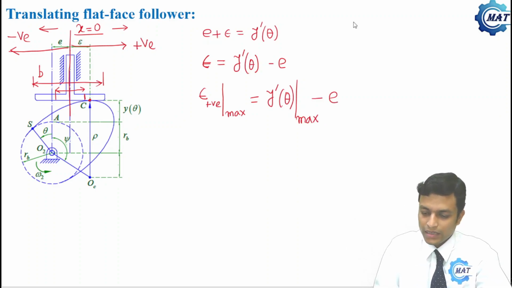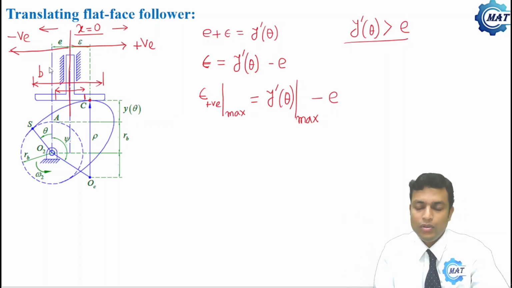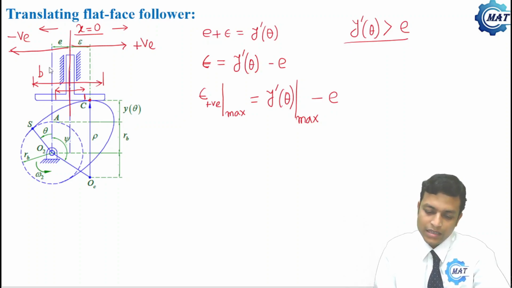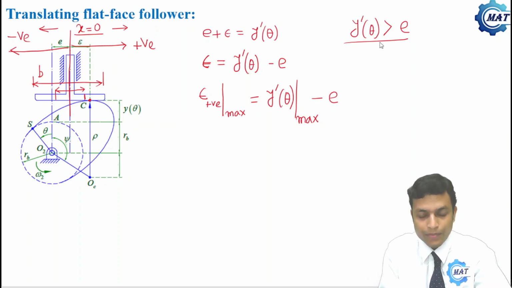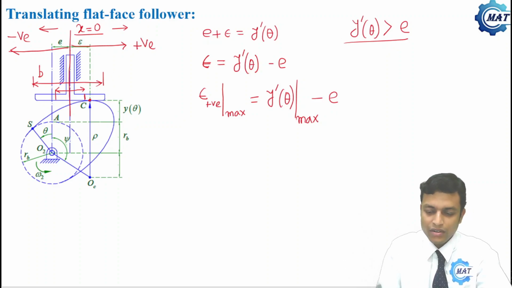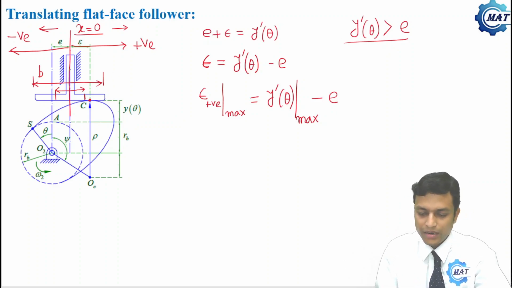It is obvious that when y prime theta is greater than E, then only epsilon will be in right hand direction. In a similar way, when y prime theta is minimum, then epsilon will be in left hand direction.